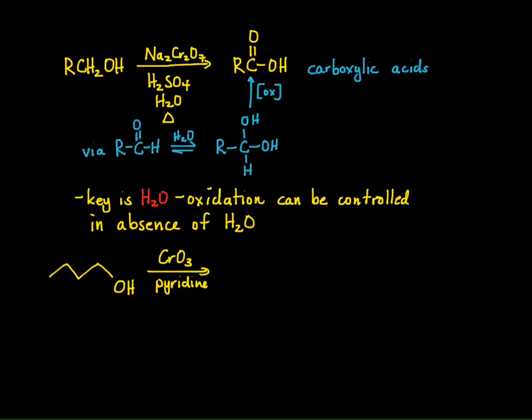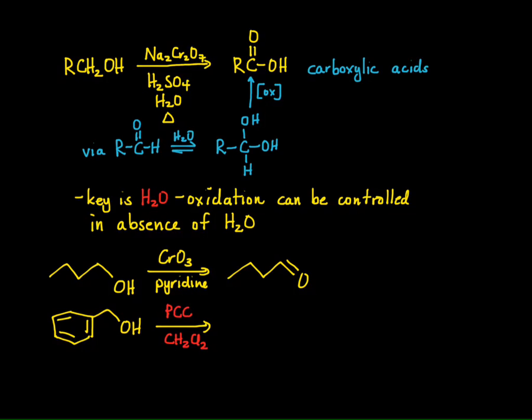So here's a couple of examples. The first one is taking 1-butanol, reacting with chromium trioxide in pyridine. Remember, no water present, so the alcohol is going to be oxidized to the aldehyde, right? I just generate an aldehyde here. There are other oxidizing agents that we can use, and a common one is PCC in dichloromethane.